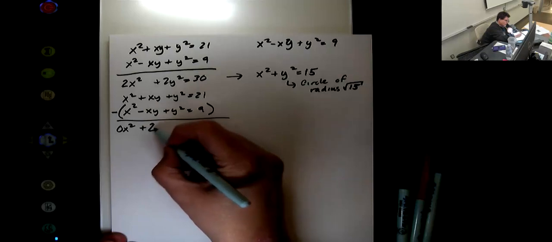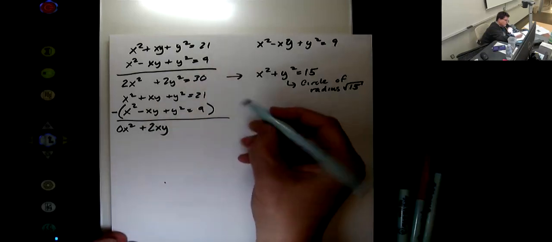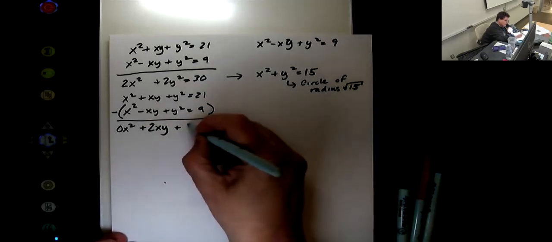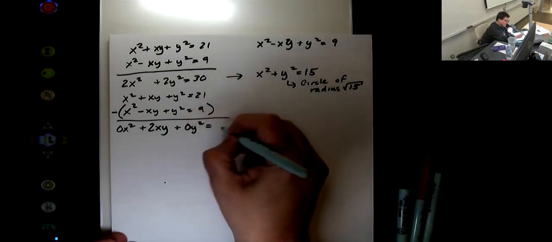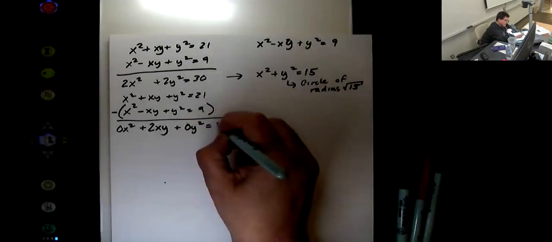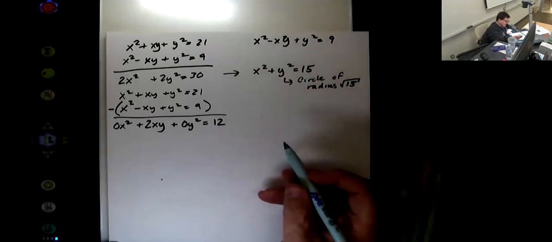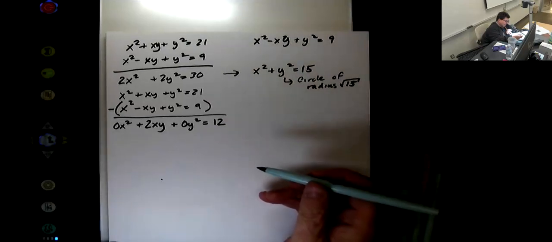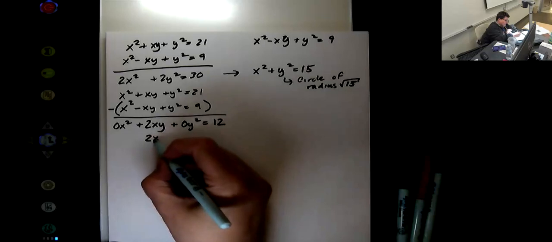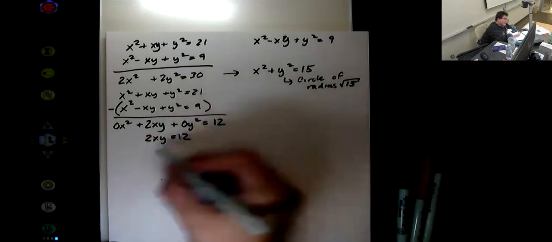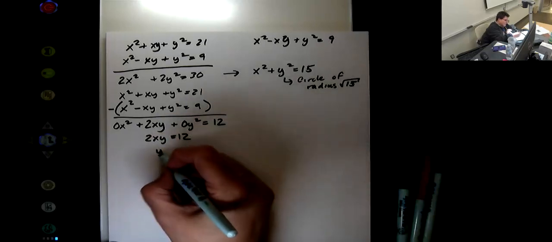We get plus 2xy. The y squareds go to 0 also. And 21 minus 9 is 12. So I have 2xy equals 12. If I solve for y, I get y equals 6 over x.